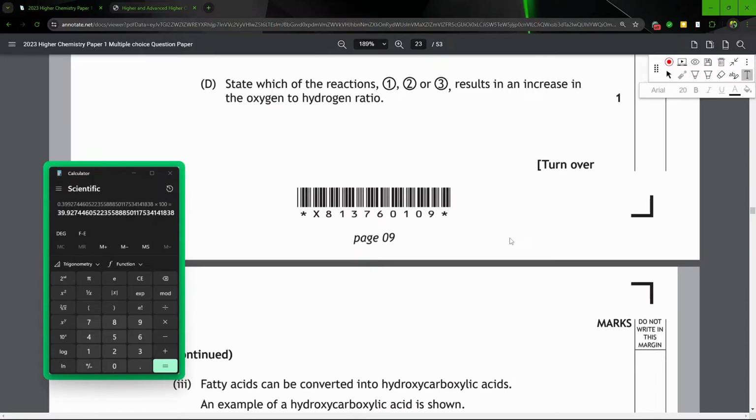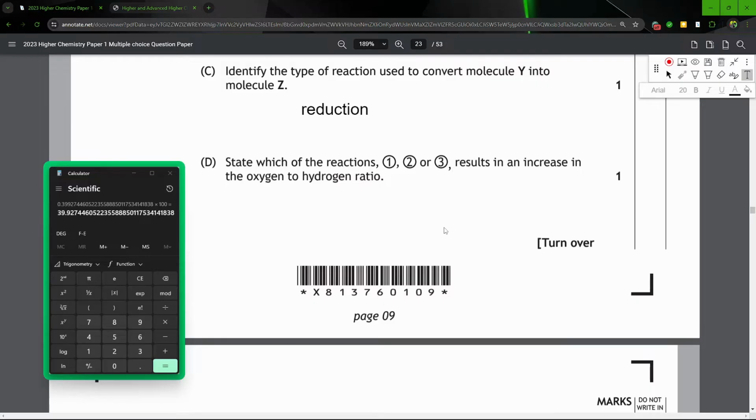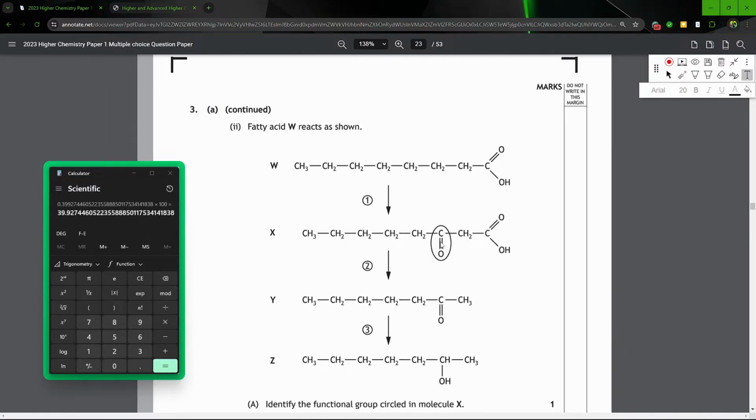State which of the reactions, 1, 2, or 3, results in an increase to the oxygen to hydrogen ratio. Okay, so now look at this one. Which one would actually increase the number of oxygens per number of hydrogens? Well, look at 2, we're just reducing the amount of oxygens.